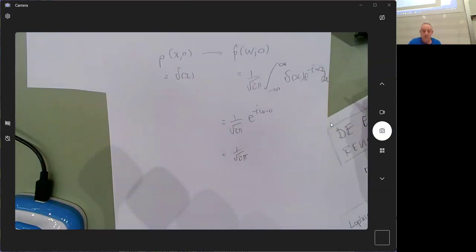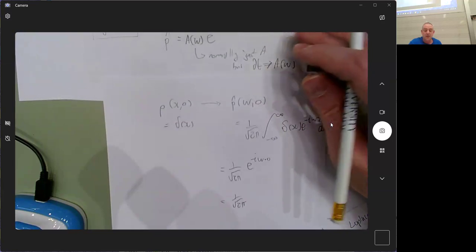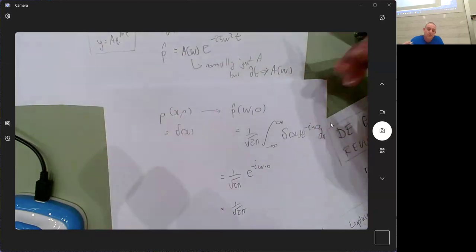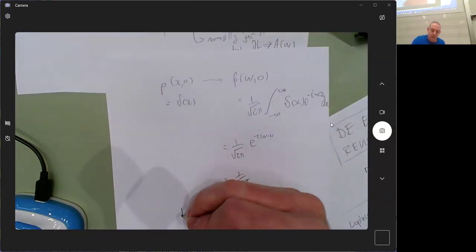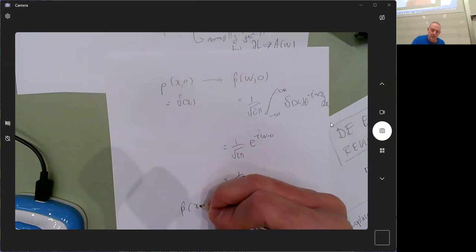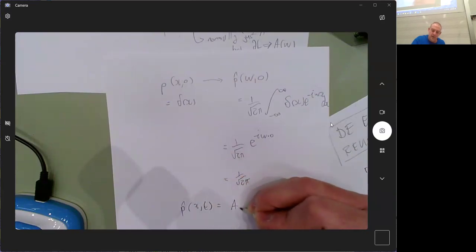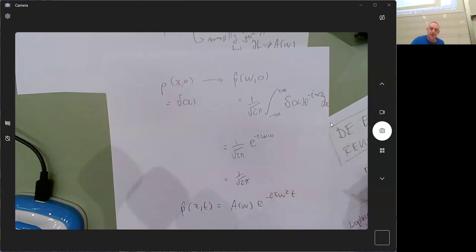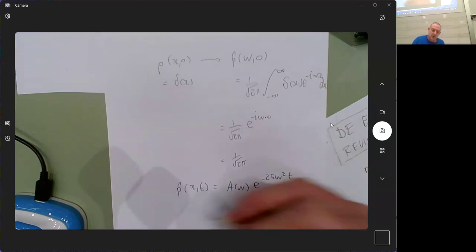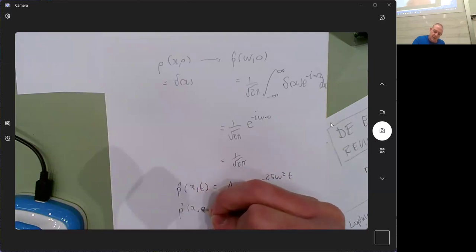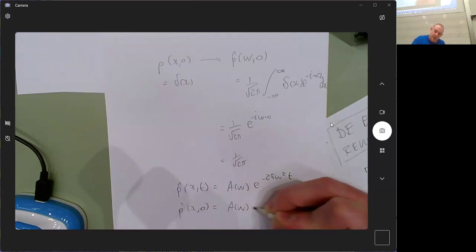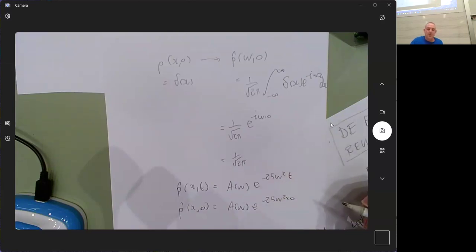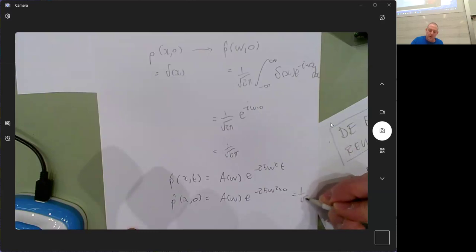Okay. So back here, p hat of x,t was a(w) e to the minus 25w squared t. And so p hat of x,0 will be a(w) e to the minus 25w squared times 0. But it's also supposed to be 1 on root 2 pi.